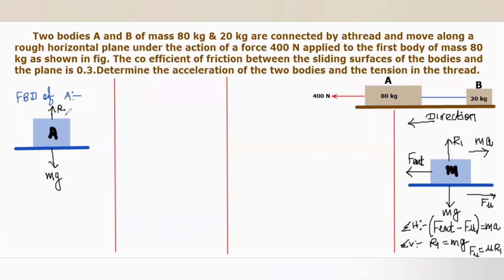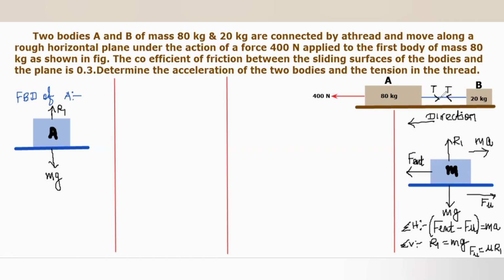Here, bodies A and B are connected by a thread. So in this thread, the tension, two forces equal in magnitude and opposite in direction, will act like this.